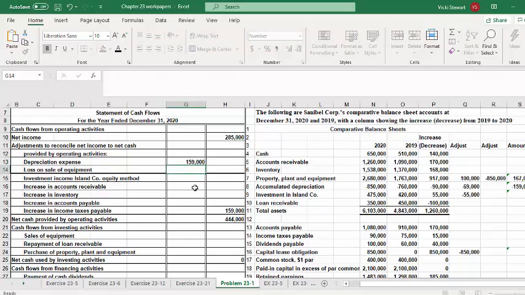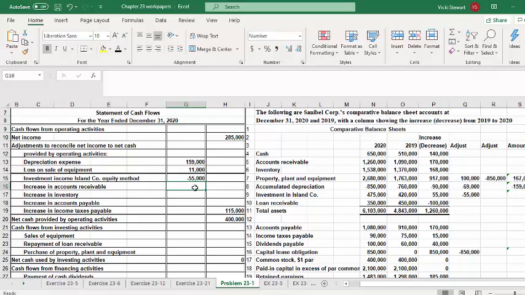That's non-cash, so it needs to be added back. We had determined that there was a loss on the sale of the equipment for $11,000 that will also have to be added back. And we had that investment income in Island Company using the equity method of $55,000 that would have to be subtracted because it's non-cash. So those are the three non-cash items that were included in net income.